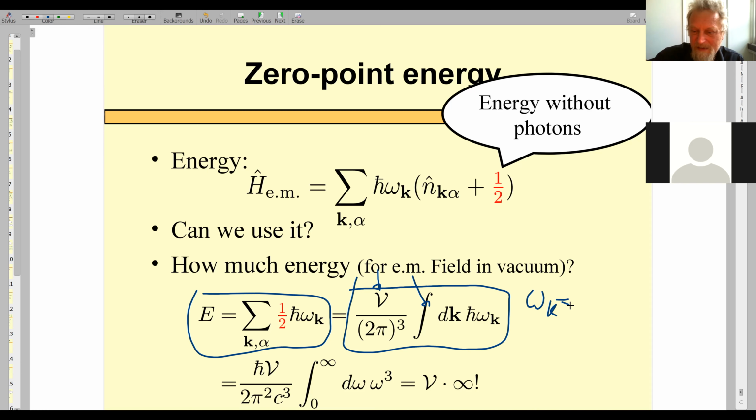Omega k is ck, which means that this integral diverges. Sure, one has to live with this.